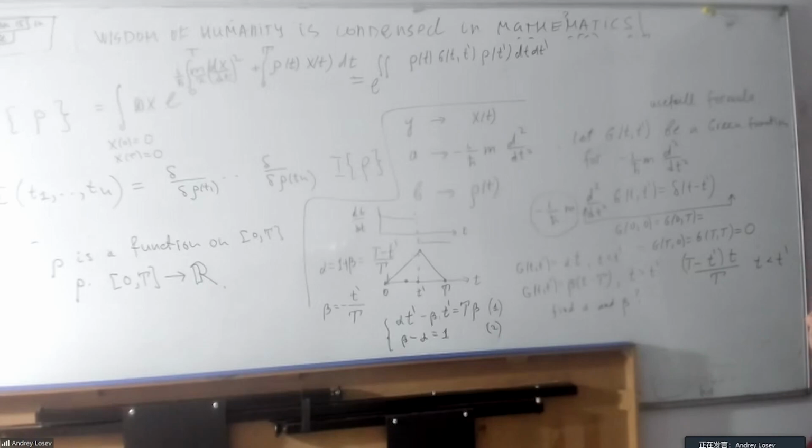And here I have T capital minus T prime divided by T, for T bigger than T prime. You may see that there is a symmetry. If I interchange T and T prime, this formula would go into each other. So it is just the explicit Green function.